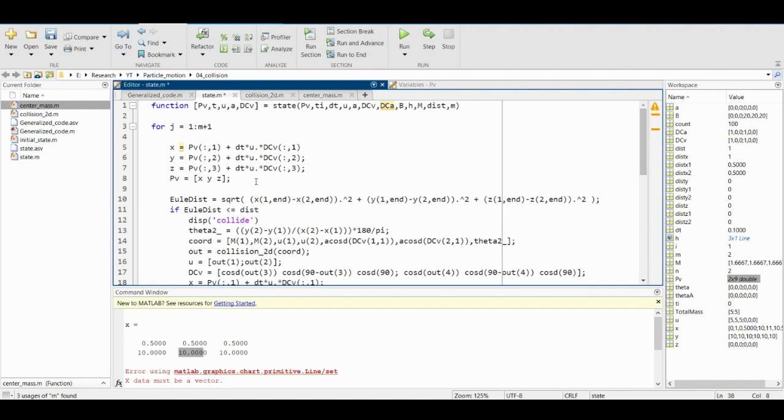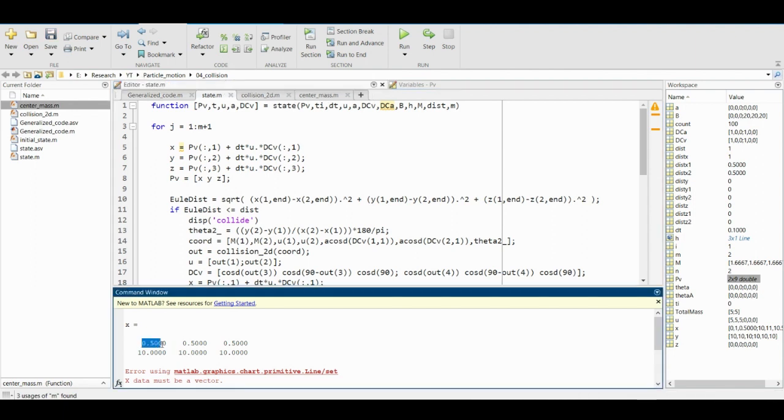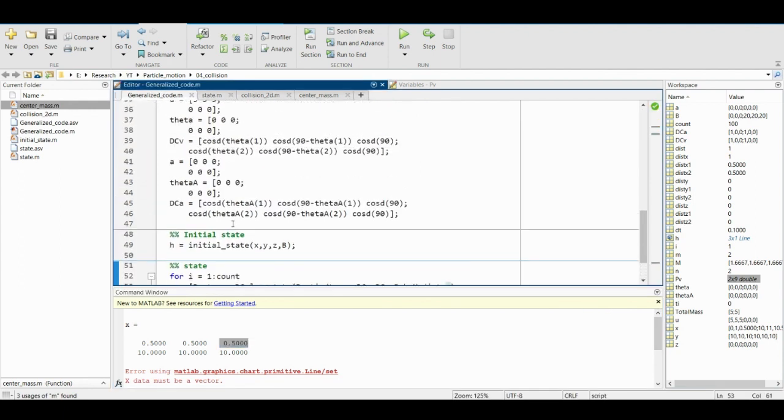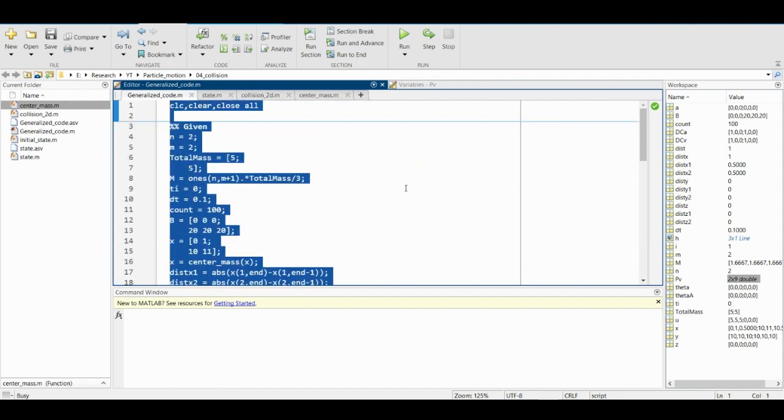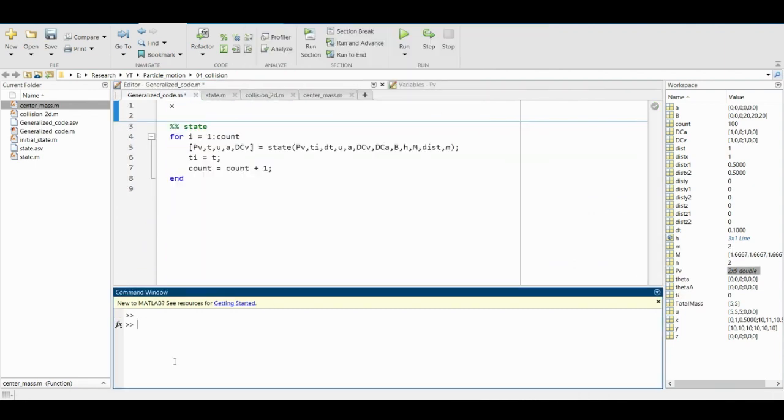X is changing. 0.5, 0.5, 0.5. What was the initial one? It was not 0.5 actually. If I run only this, run x. Wait a second, it's not even showing x 0, 1, 0.5.